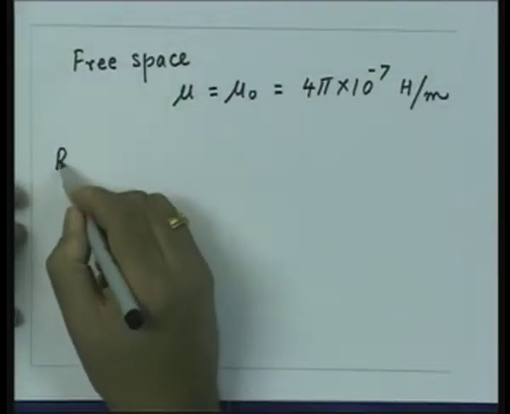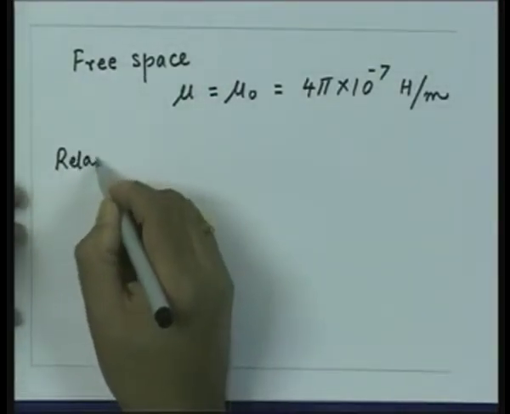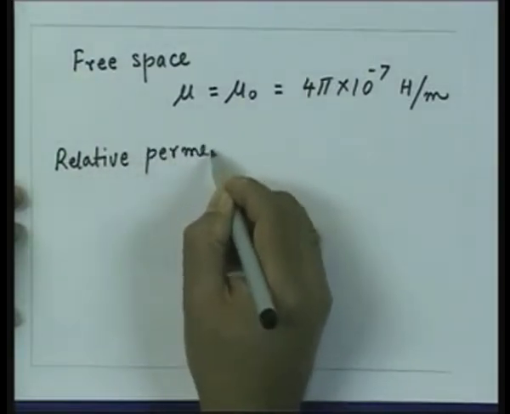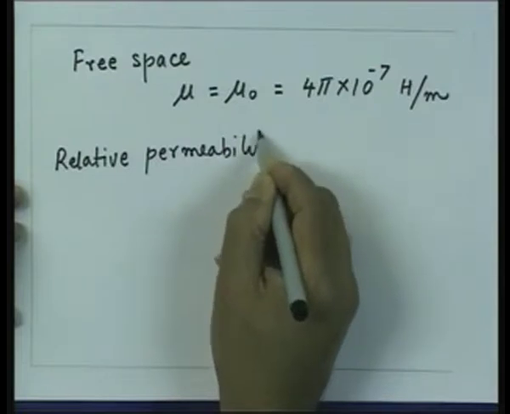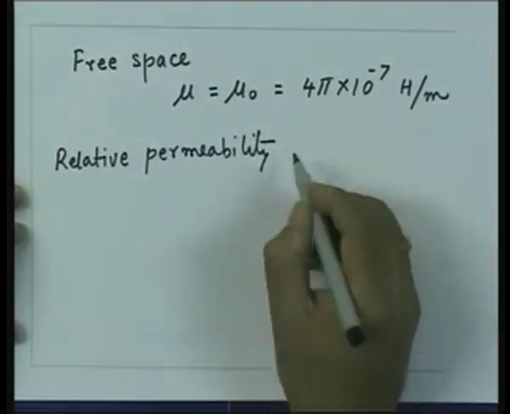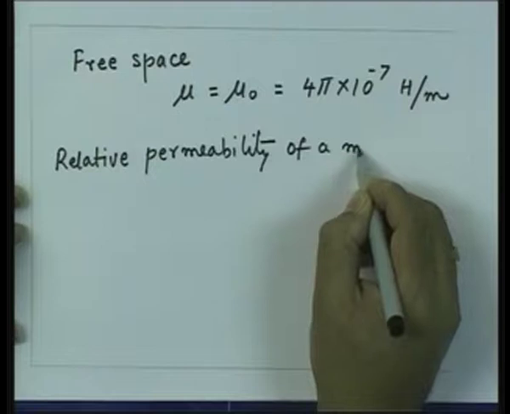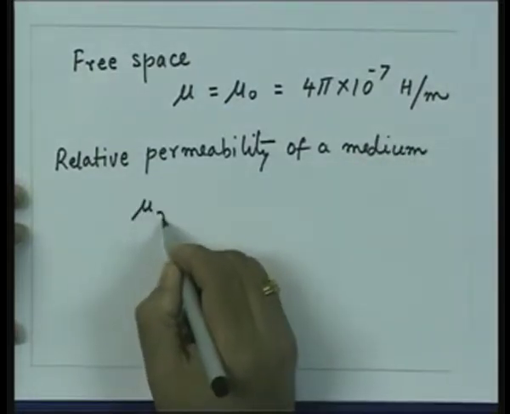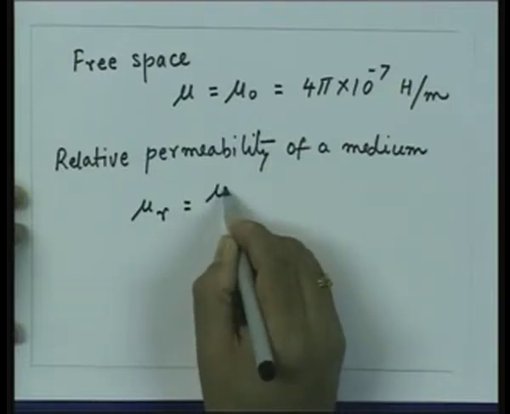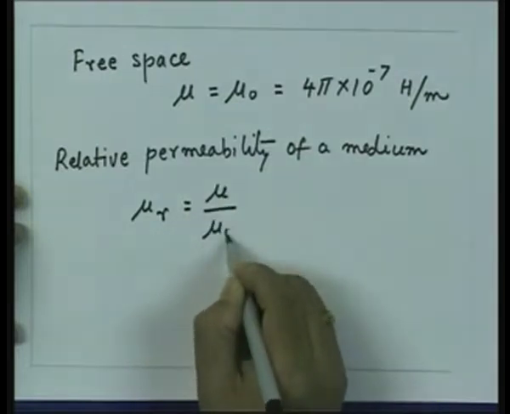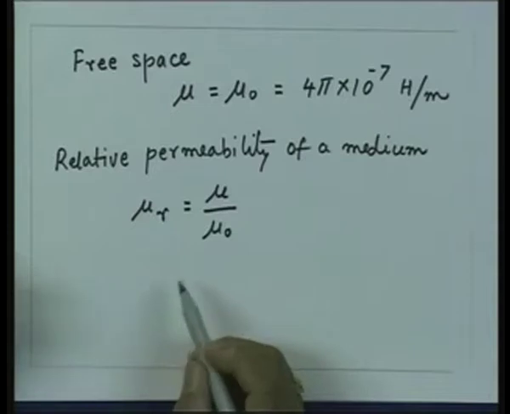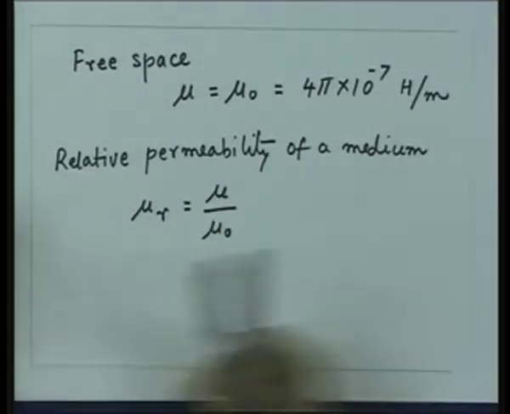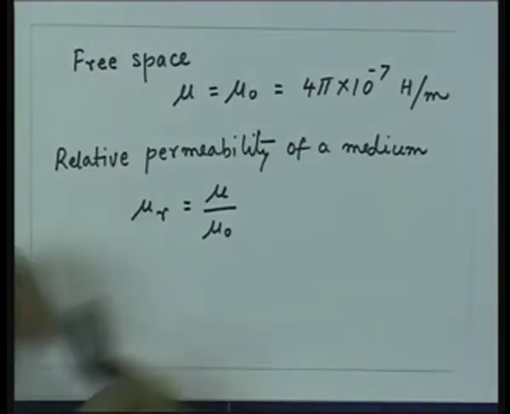So, we have a parameter, relative permeability of a medium, which is the medium parameter, that is mu r is equal to mu divided by mu 0. If you take magnetic material, typical value of mu r may range of 10 or even sometimes 100.